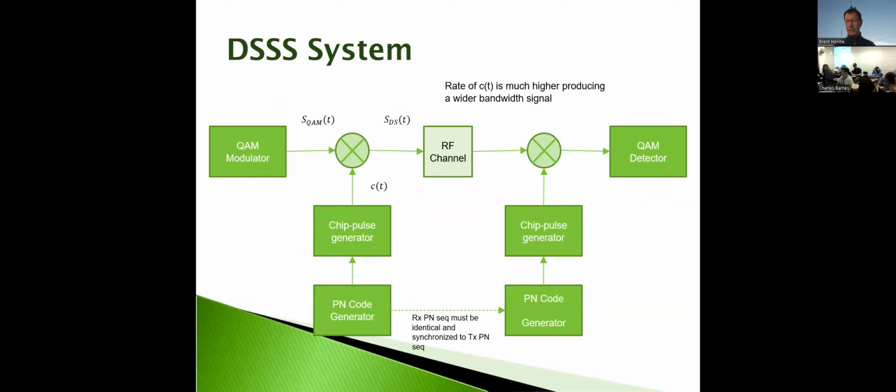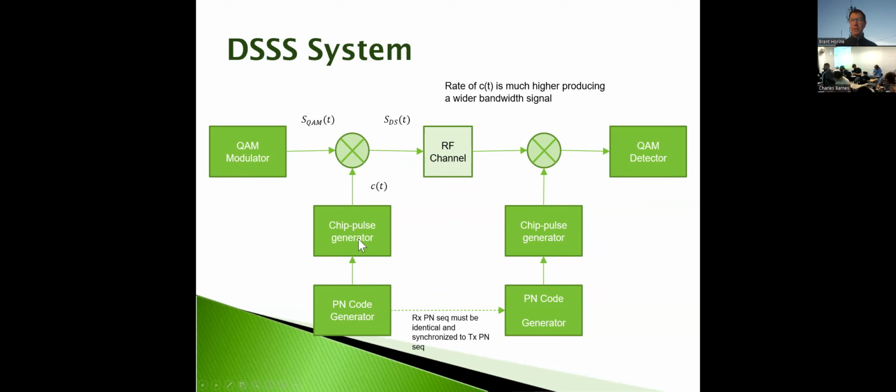So this is what it looks like. I tried to draw this similar to the frequency hopping system. Here, though, instead of shifting the signal to different discrete frequencies, we're chipping it with a pseudo noise code generator that goes through this chip pulse generator.